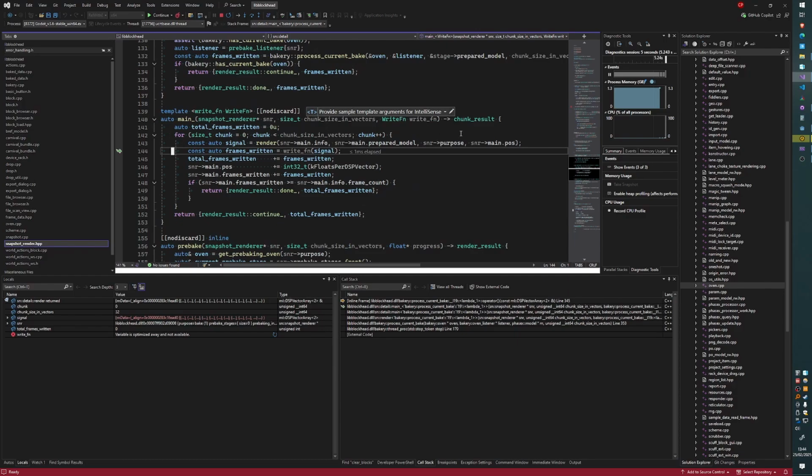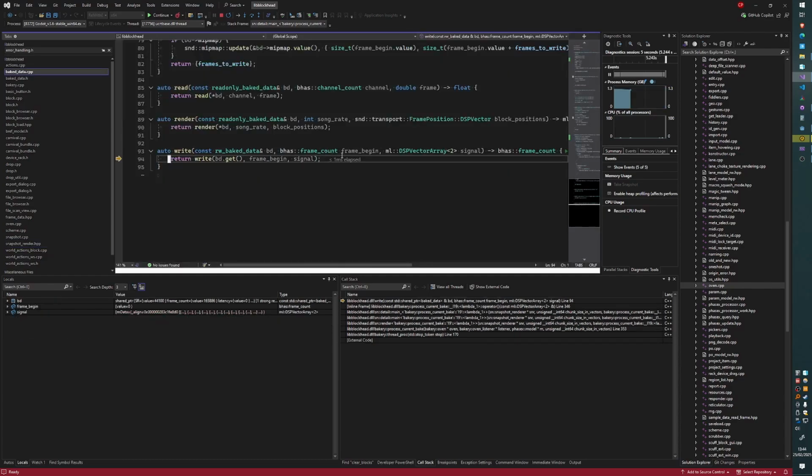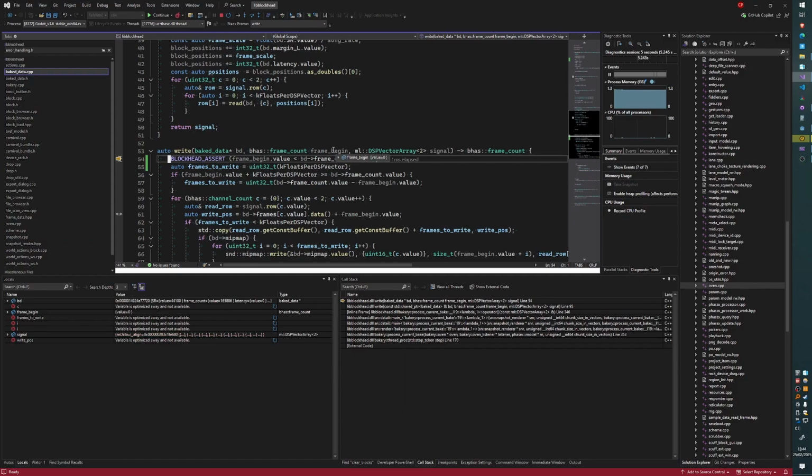Chunk size in vectors. Signal, what do we do? Ah, we go into here. Hold on. Ah, right.